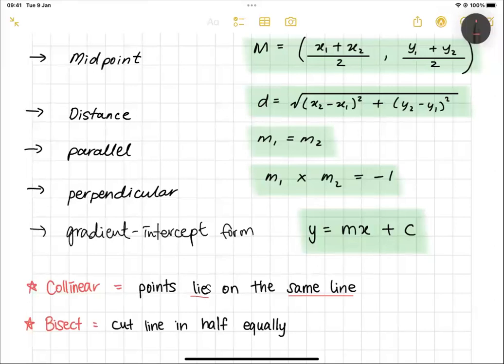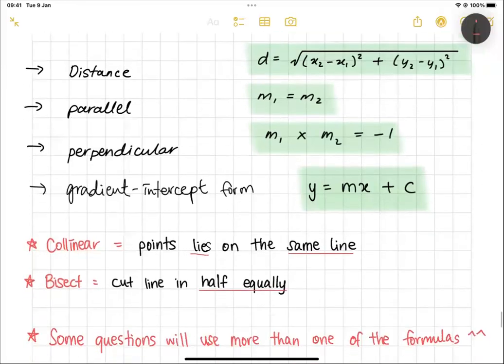So find the gradient of two of those points, then create the equation, and then put those points that you were given in the question into the formula and see if you get the exact same coordinate or not. Bisect basically means cut in half, and it must be equal. I'll keep it as that.